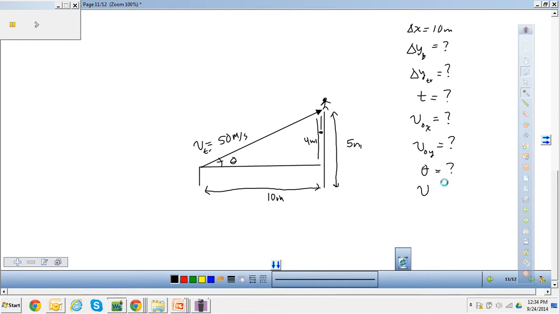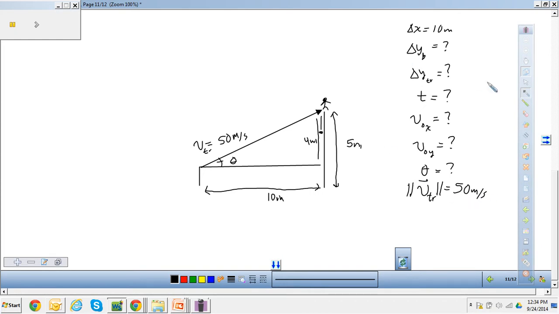Yeah. Do we know this? The magnitude of the tranquilizer dart? Yeah, we do. What does it equal? 50 meters per second.